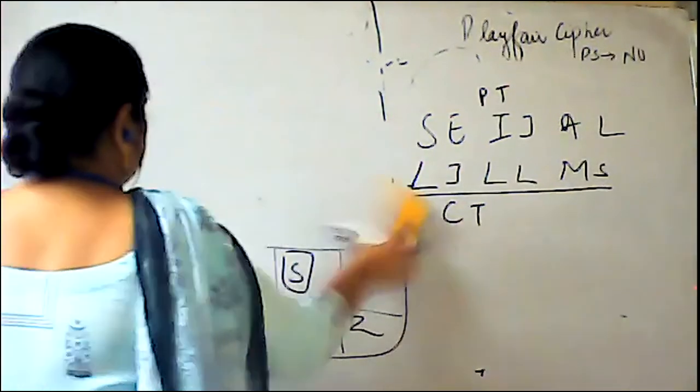Next is your Hill cipher. It was developed by Lester Hill in 1929.